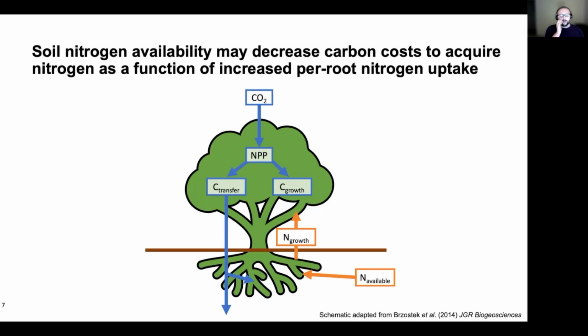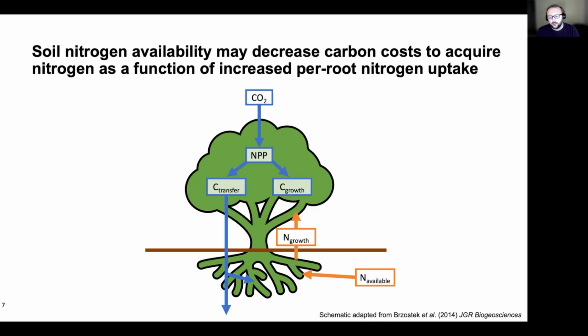This is because increases in soil nitrogen availability don't necessarily influence plant demand to acquire soil resources, and therefore likely would not have a large impact on the magnitude of a plant's below ground carbon investment. Thus, if plants acquire additional nitrogen without a proportional change in below ground carbon investments, then carbon costs to acquire nitrogen would likely decrease with increasing soil nitrogen availability.